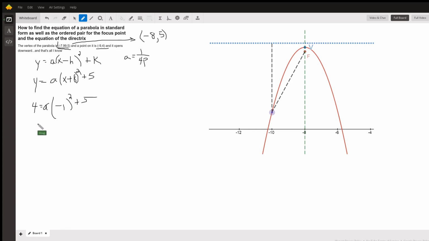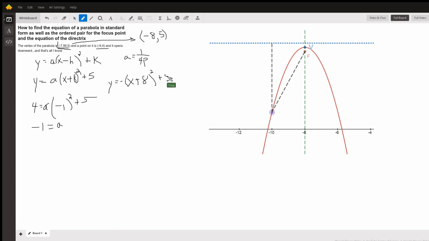So we've got -1, 4 minus 5 equals a. So there's your equation. y equals, a is -1, or just minus (x plus 8), the quantity squared, plus 5.